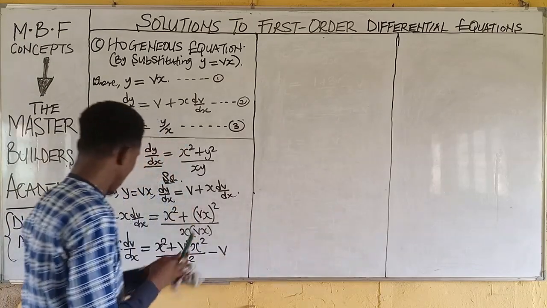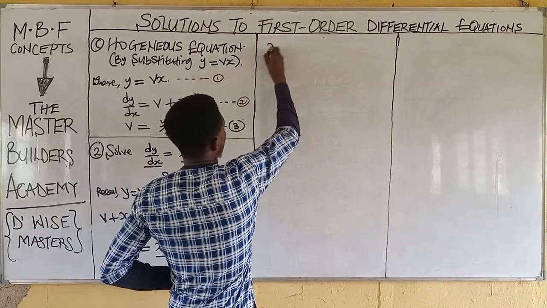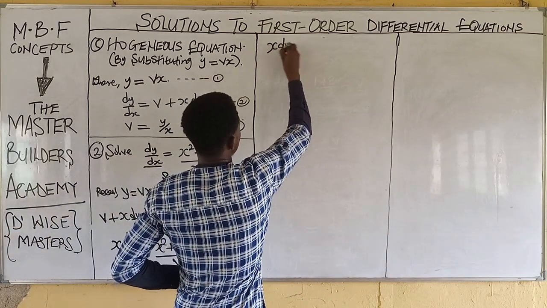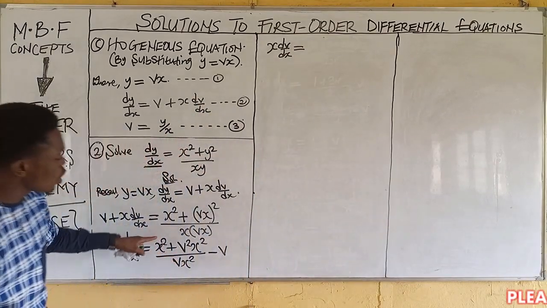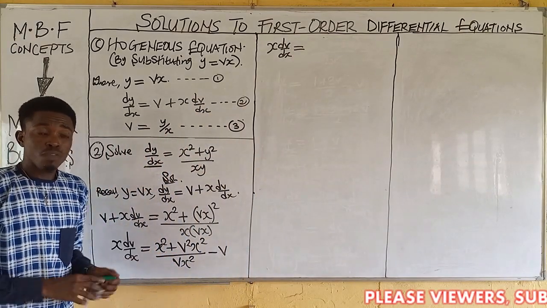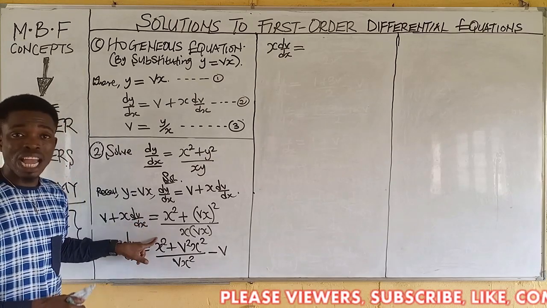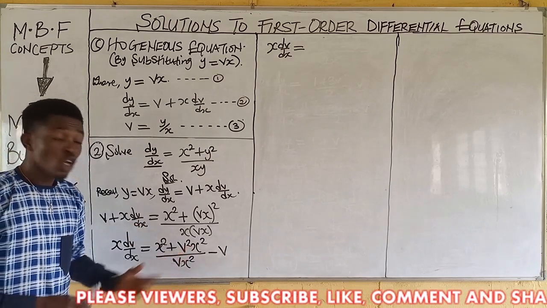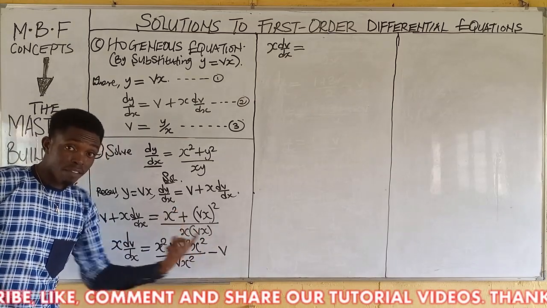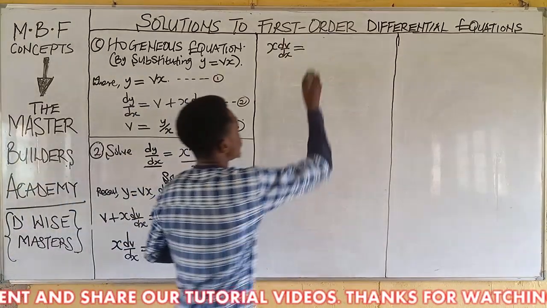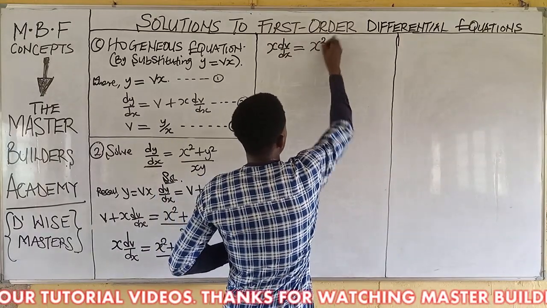Okay, now we move to the next page of our board. This will give us x dv over dx is equal to, now when we look at the numerator here, you find out that you have x squared at the first term, and at the second term you also have x squared. That means I can factorize out x squared from the numerator. Then we put down x squared, open the brackets.